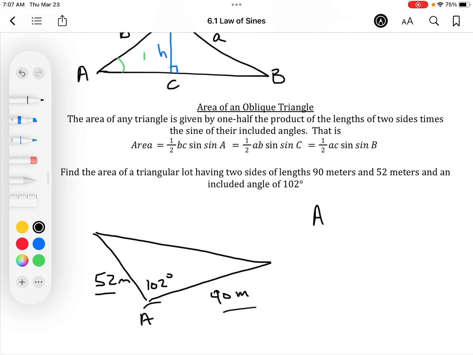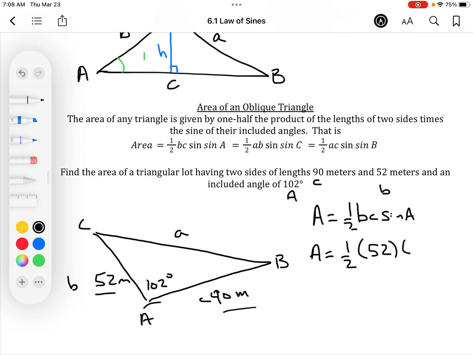And if you wanted to give these names, we could say A for angle A, we could call this B, and B is 52, and C, just because if you like writing down the formula, BC sine of A, then we can fill those things in. Our area then would be 1/2.